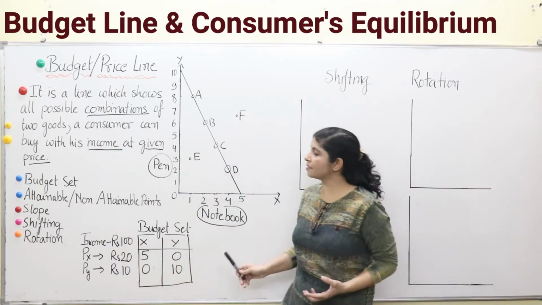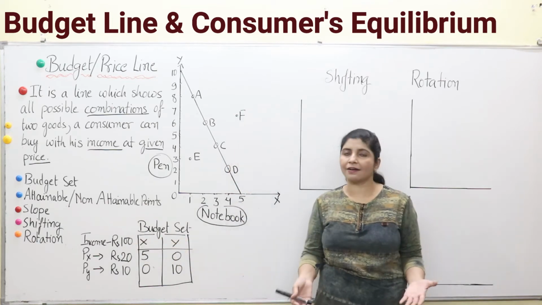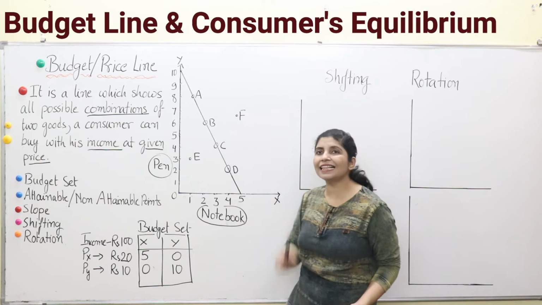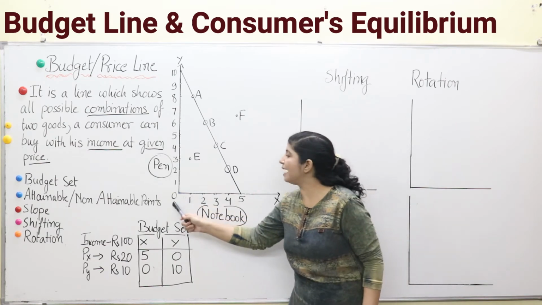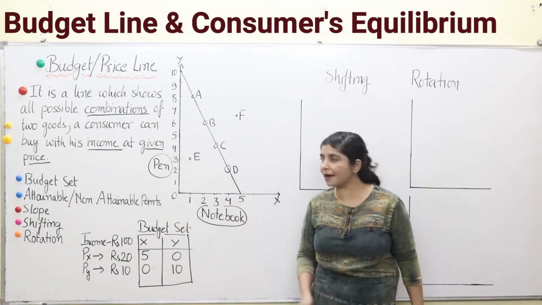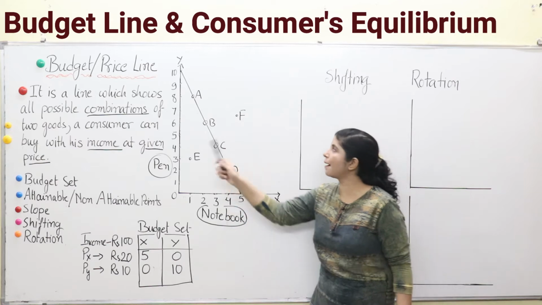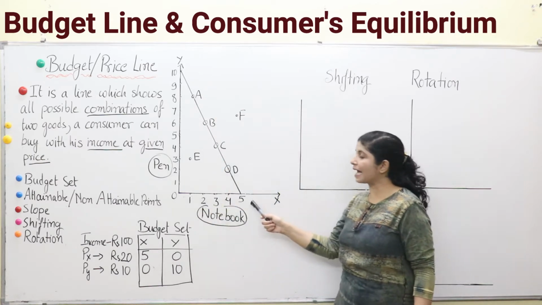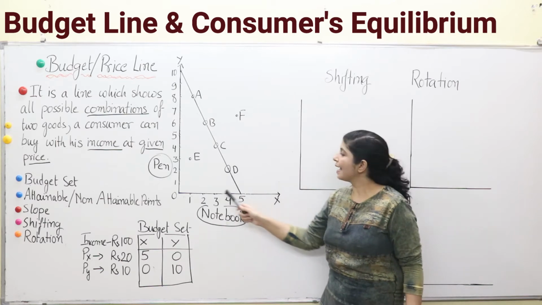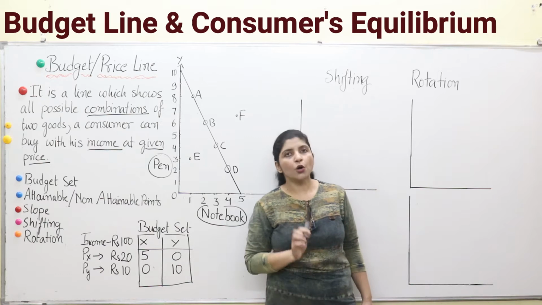If a person has an income of 100, or pocket money of 100 as a student, and he spends the entire amount of 100 rupees on notebooks only, not buying any pen, he can purchase only 5 units of notebook.